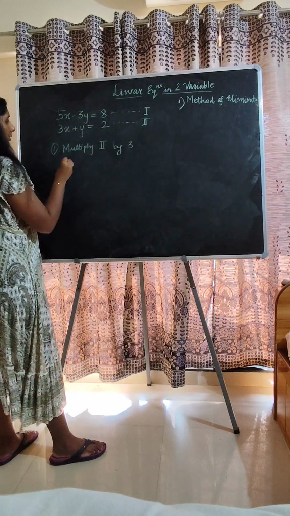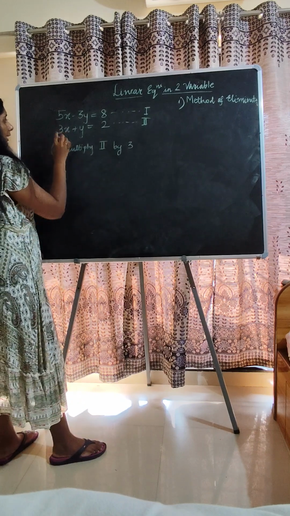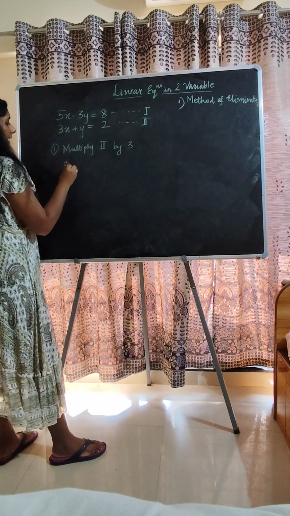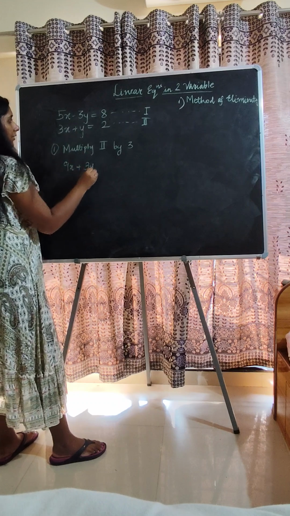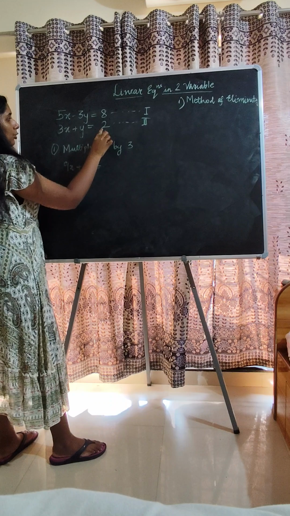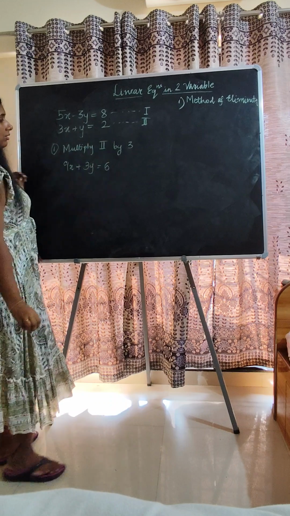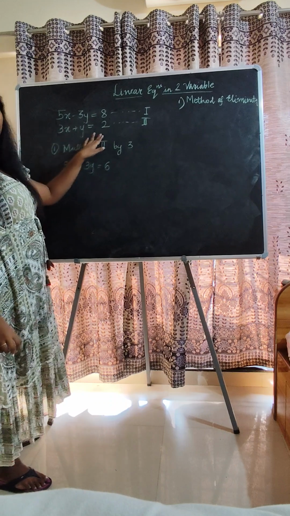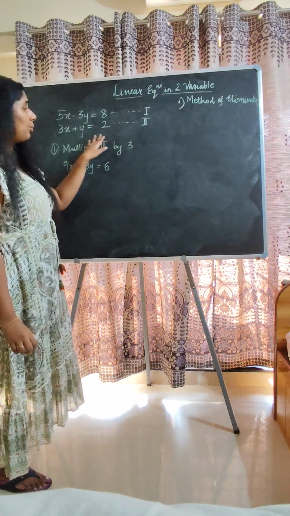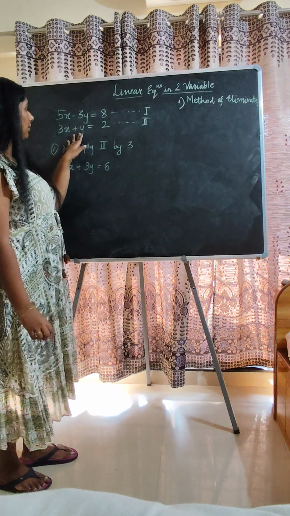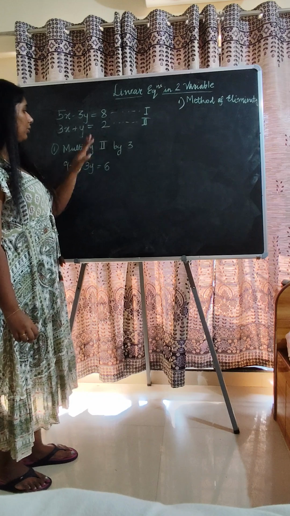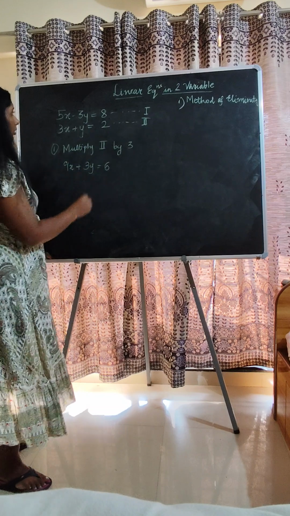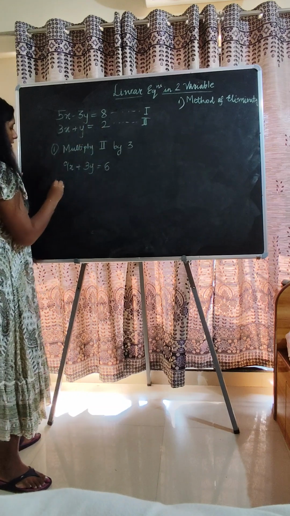So what do you get? 3 into 3x, 9x, plus 3 into y, 3y, plus 3 into 2, 6. So when you multiply 3 by these terms, you get 3 into 3x plus 3 into y equals 2 into 3. Now you can add.